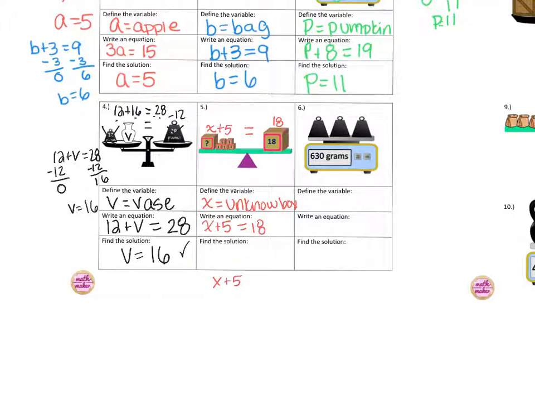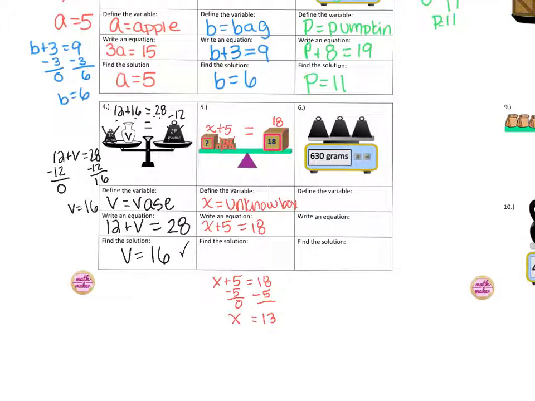So to figure out what the value of this unknown block is, we're going to get rid of these 5 blocks that we have there. So we're going to subtract 5, and we get 0. Now we've got X plus 0, which is the same thing as just X. But since we got rid of 5 blocks on this side, we have to also get rid of 5 blocks on the other side to keep our scale balanced.